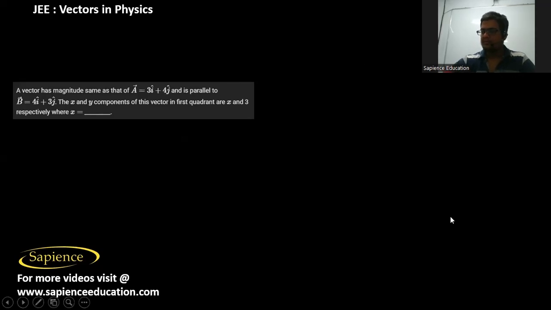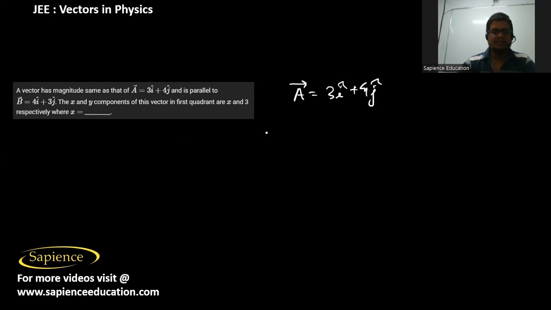Then here it is told that a vector has magnitude same as that of the vector 3 i cap plus 4 j cap. Let's say it is vector c.